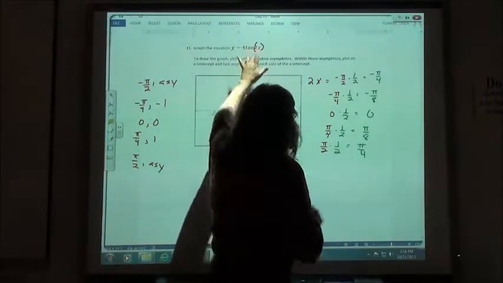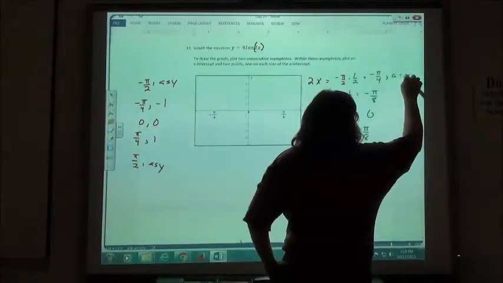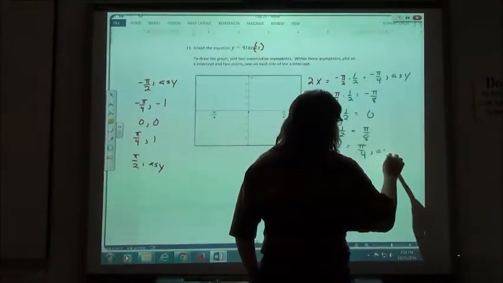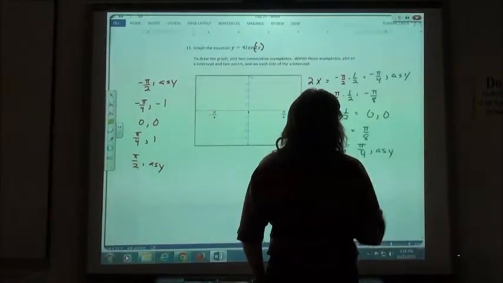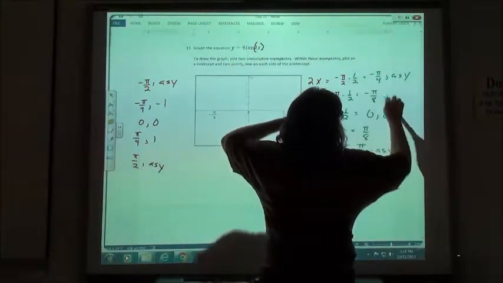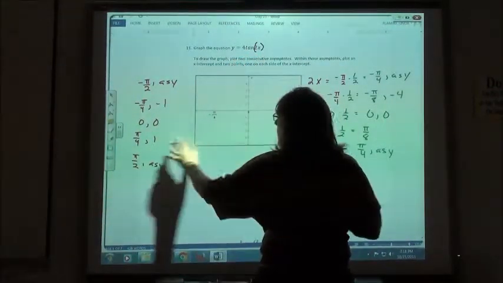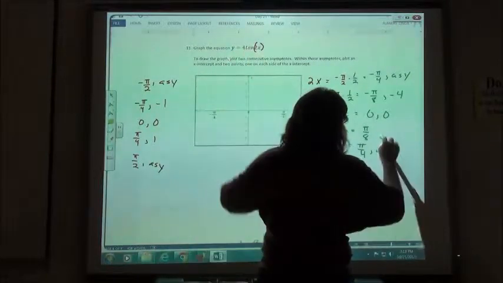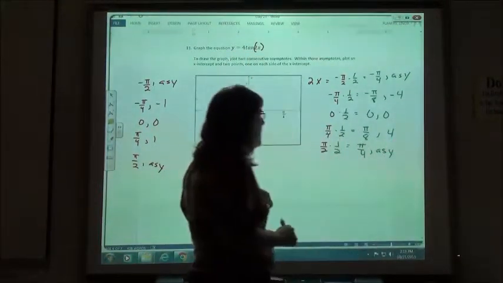So we are doing the tangent. We have an asymptote at the beginning and an asymptote at the end, and 0 in the middle. We're going to do -1 times our amplitude, so -4 to start, then 1 times our amplitude, so +4 to end.